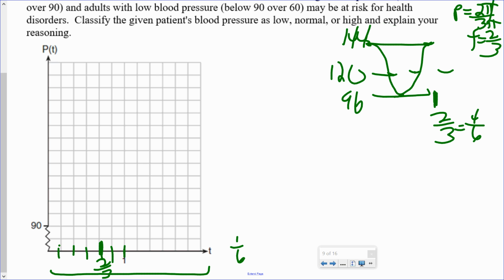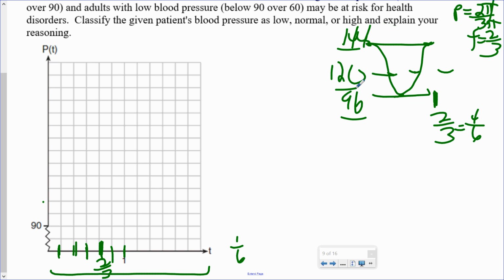Now look, I got 1, 2, 3, 4 dashes, so it's really not that big of a deal. Now it doesn't specify a scale for your y. I'm gonna go by 6s, just so these end up being nice.